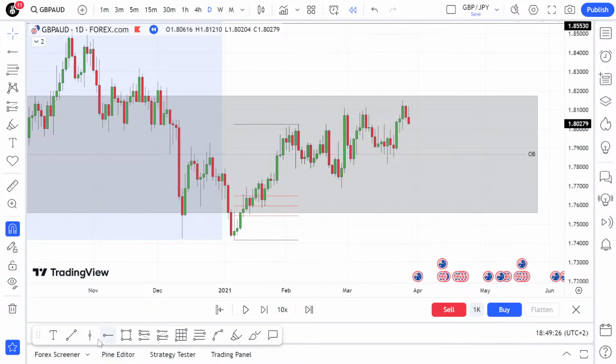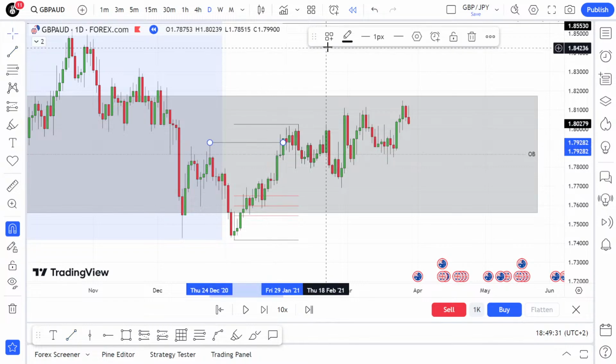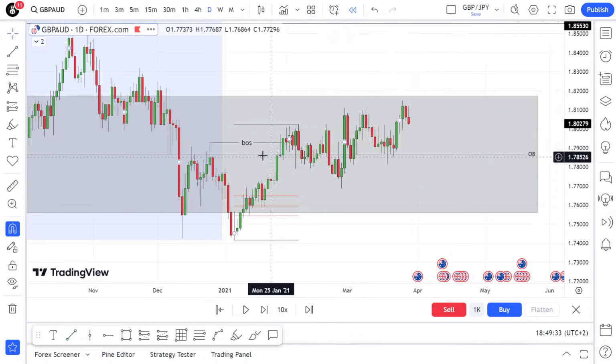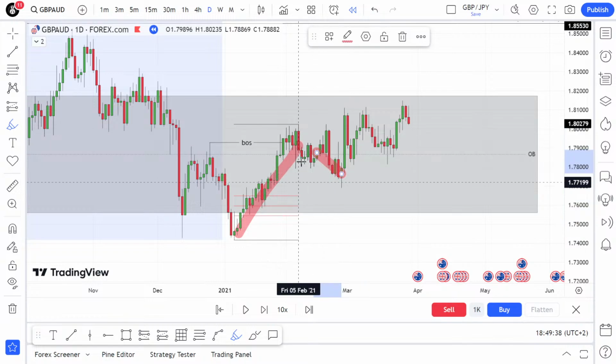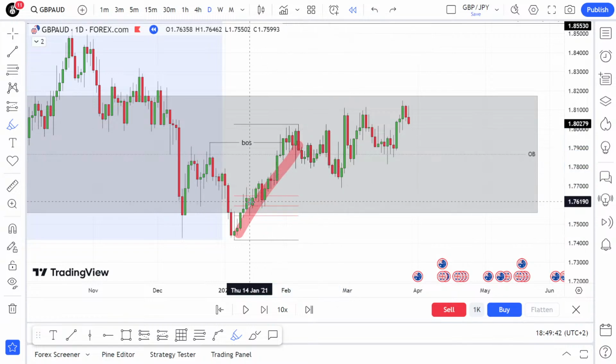So the first range that I notice is this. But even like this, we break structure to the upside, but this is like a wick break of structure, and I don't really like this, nor do we even retrace enough.